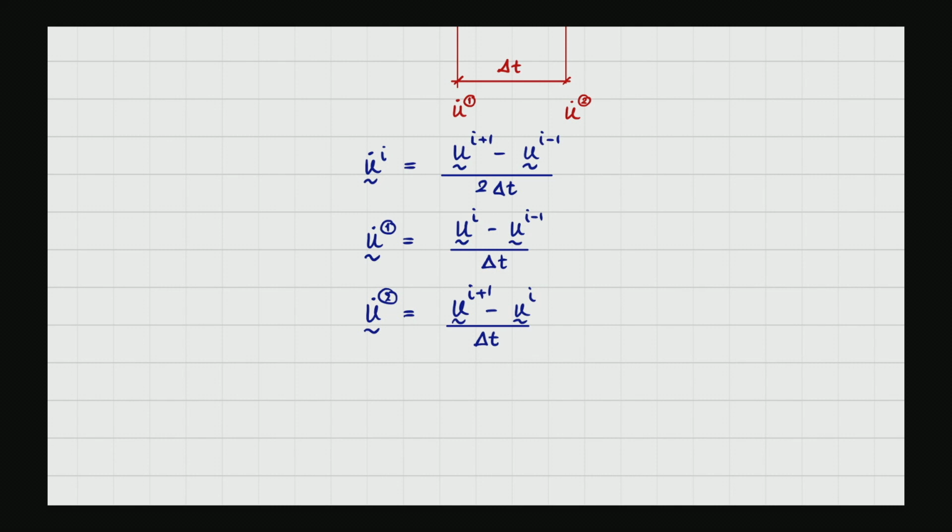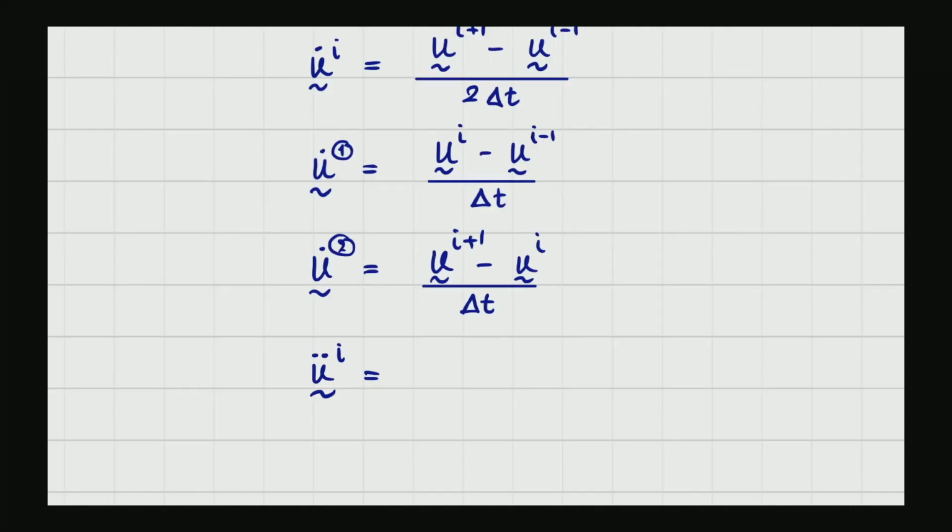Next, if you know the u dot 1 and u dot 2, it is possible to figure out the u double dot i. The u double dot i is going to come from the u dot 2.